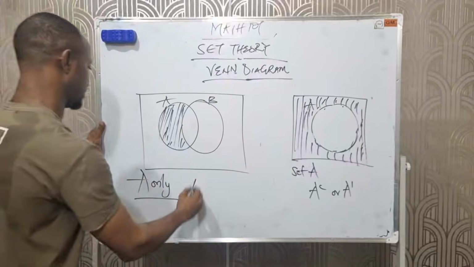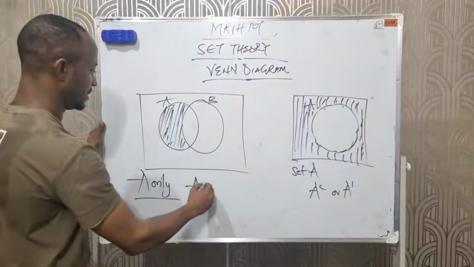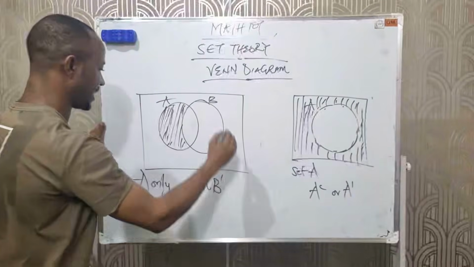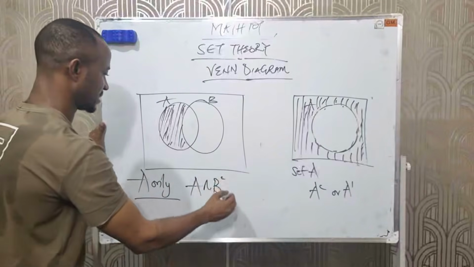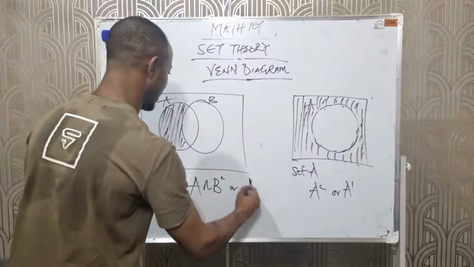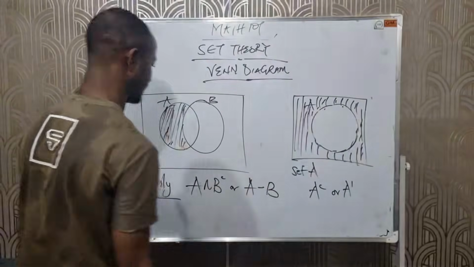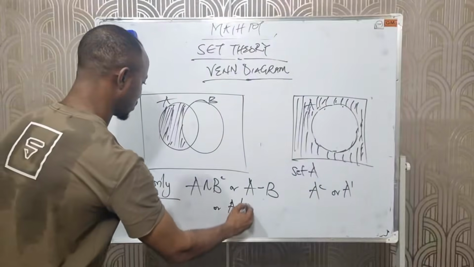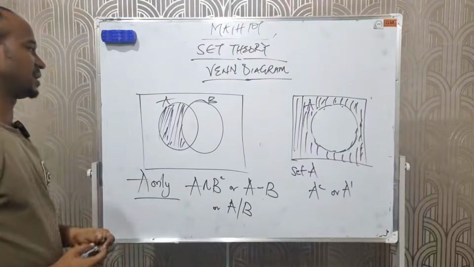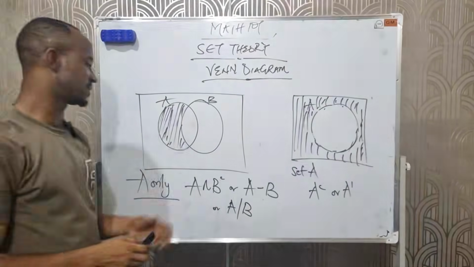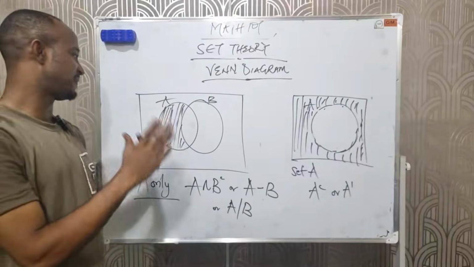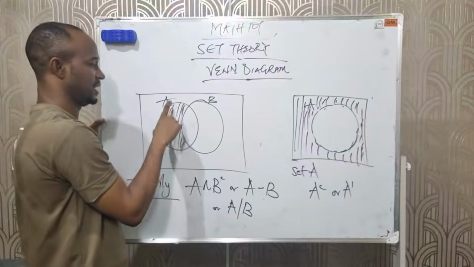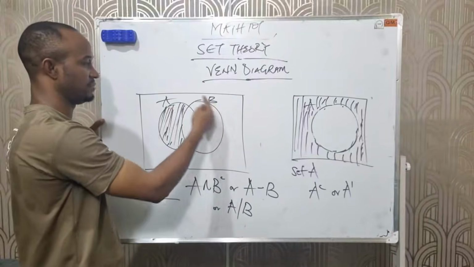This simply means A intersection B prime, or B complement. Or this also means A difference B. Or this also means A slash B. This set shows elements found only in A, but not in B.